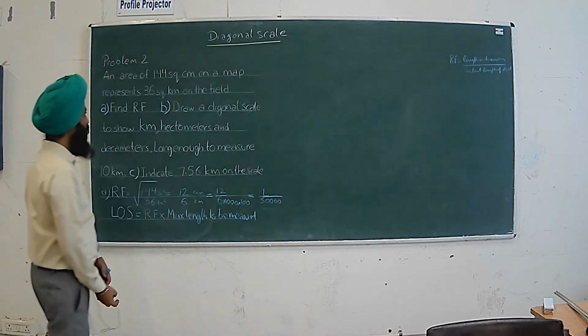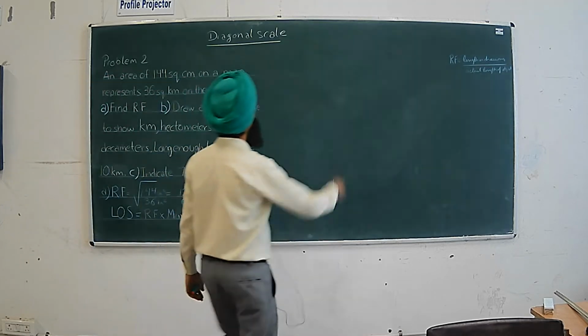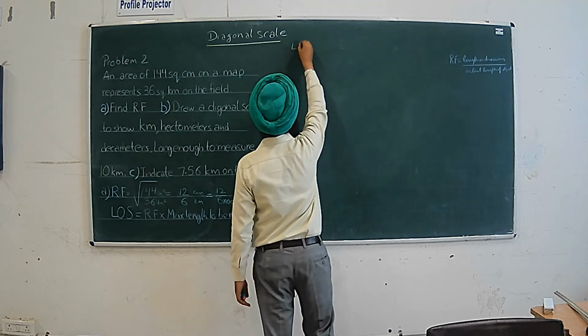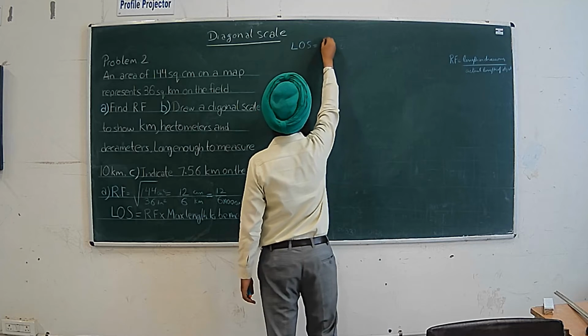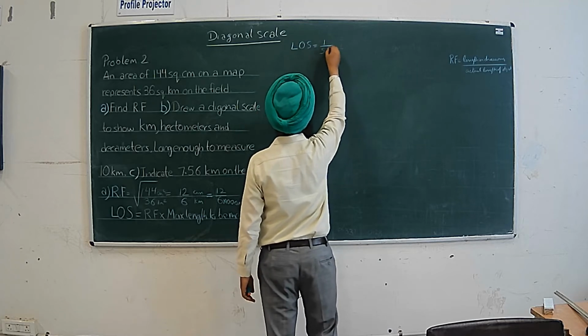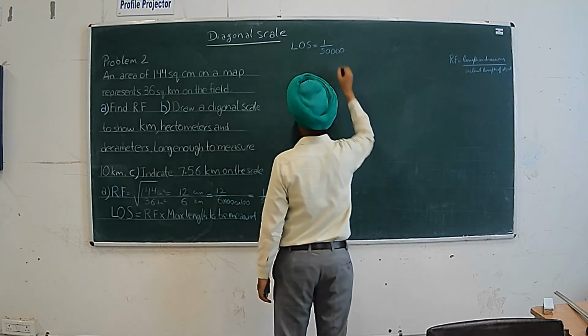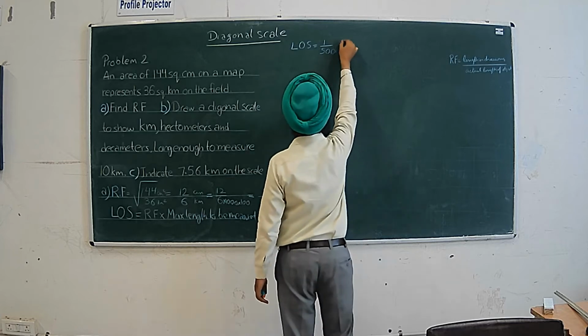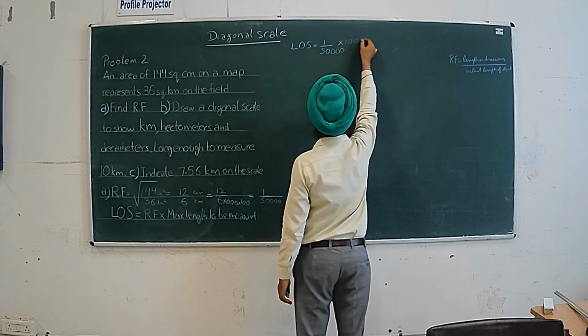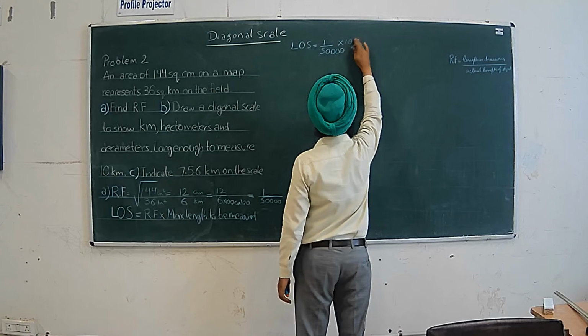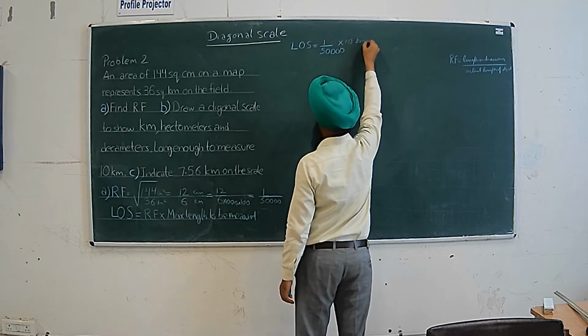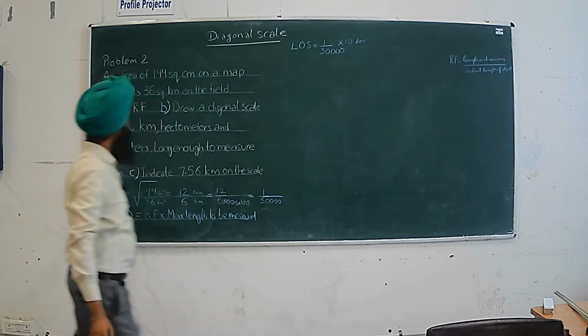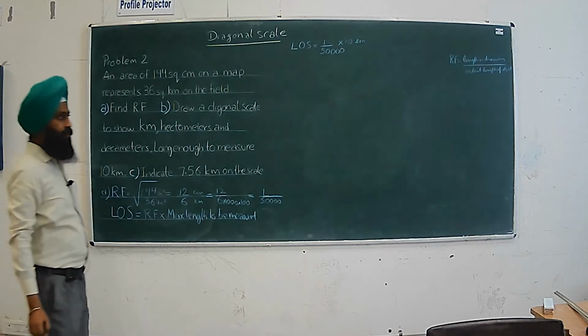So LOS comes out to be 1 upon 50,000 into 10 kilometer, because maximum distance is 10 kilometer.